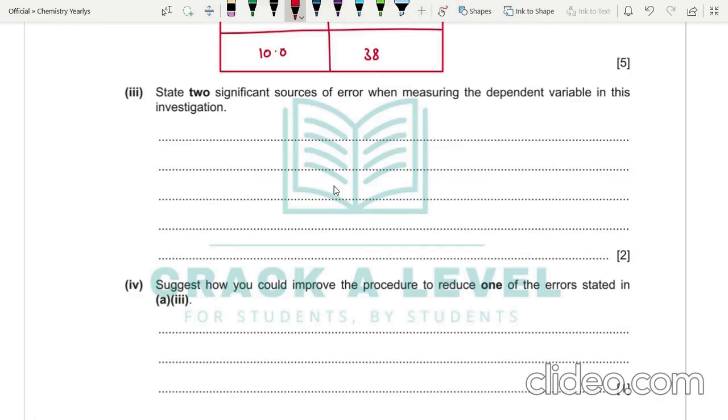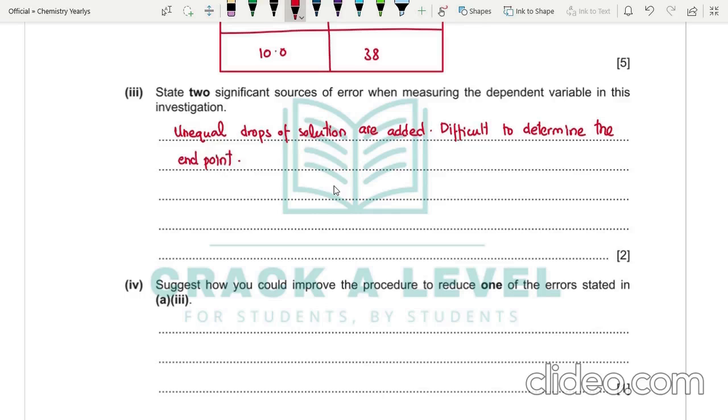So the significant source of error when measuring the drops is that unequal volume, or more than one drop can be added, or you can also say that unequal drops of solution are added, or the other can be difficult to determine the endpoint. The endpoint is actually when it becomes colorless. So this will be the other error.